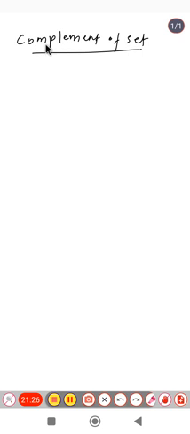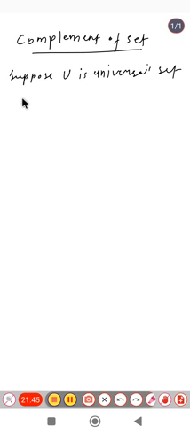Our next topic is the complement of a set. For example, suppose U is the universal set.